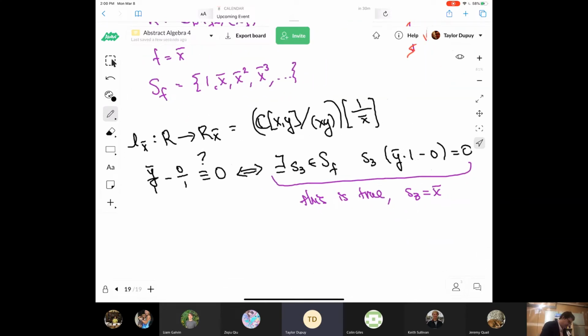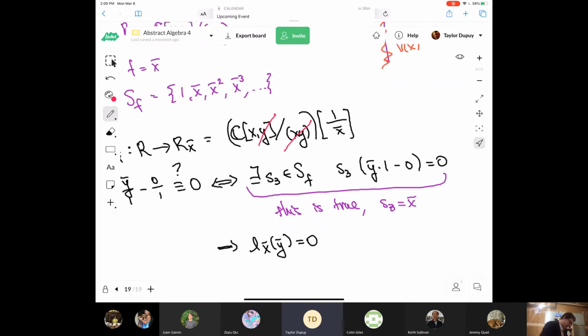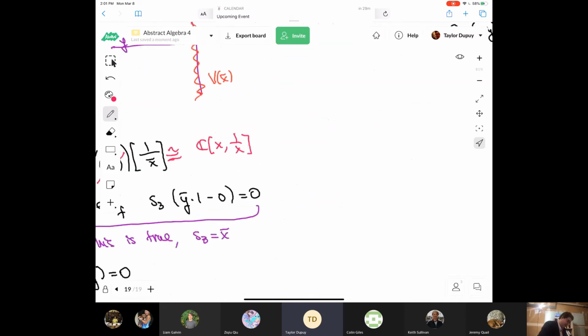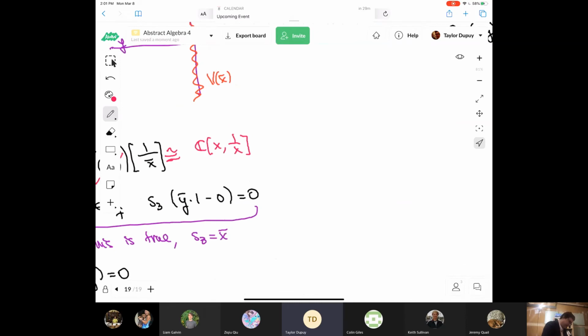Now what happens is that this gets killed and this gets killed. And so this thing is isomorphic to C[x, 1 over x]. Well, this is just like what I said. This is the line, sorry, the other line.